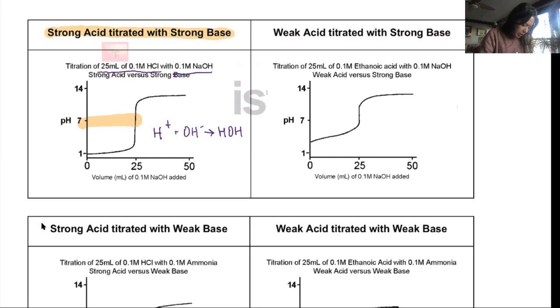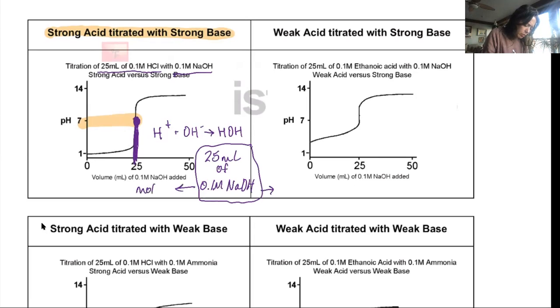I see that it took 25 milliliters, right? So I could read this graph and realize that it took me 25 milliliters of 0.1 molar NaOH, and I could determine my moles of OH. Moles of OH, and I could equate that to moles of H, and I could equate that to the concentration of the strong acid. Right? So a titration curve, if that wasn't given to me.